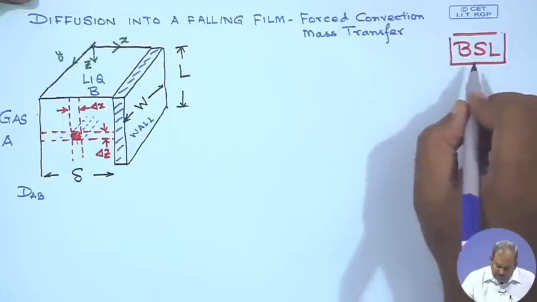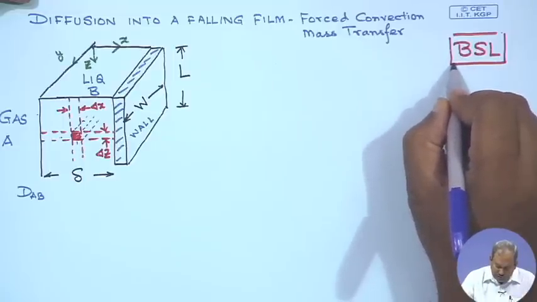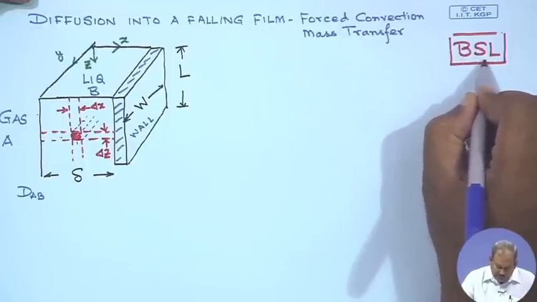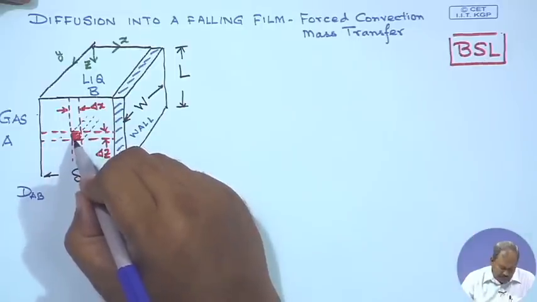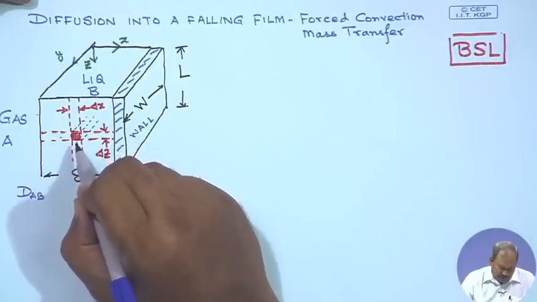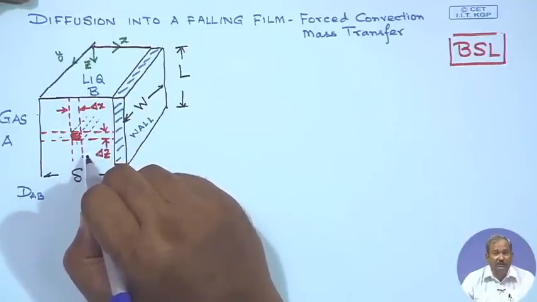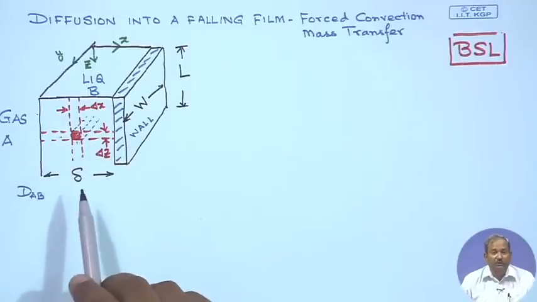So, this problem has been presented in Bird-Stewart-Lightfoot using this shell species balance. You can take a look at that, but since we know the species balance equation, what we are going to do now is simply write the species balance equation in rectangular coordinates, in XYZ, Cartesian coordinate systems, and we will simply cancel the terms which are not relevant.